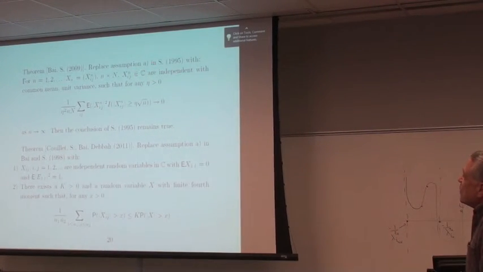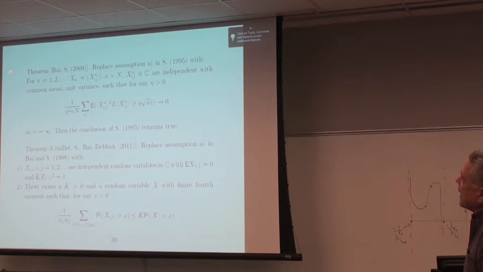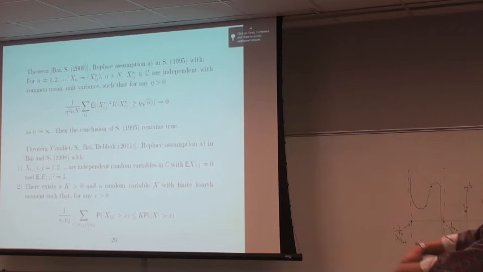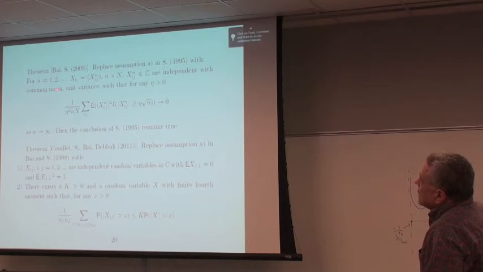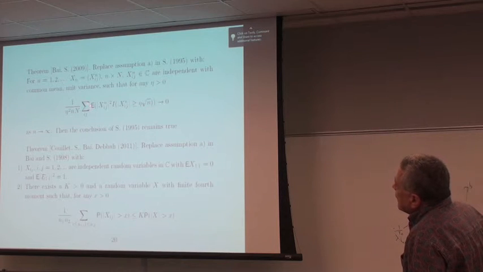So anyway, if you replace the assumption in my original paper, going beyond identically distributed, they're independent, common mean, unit variance, don't have to be mean zero, such that for any eta, this is a statement on the tails, the common tails.